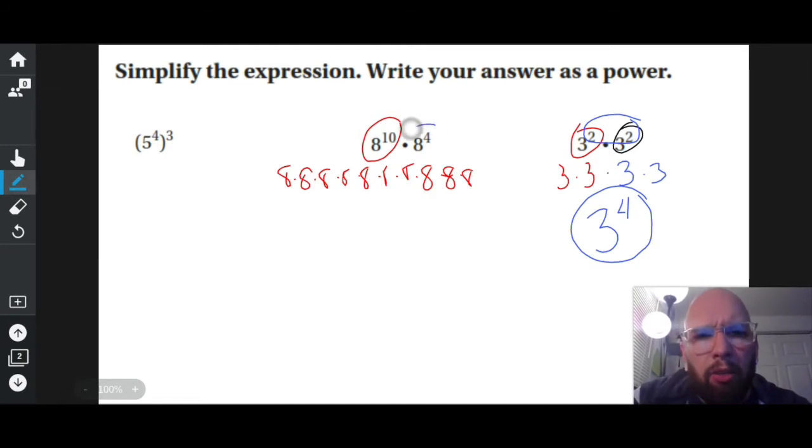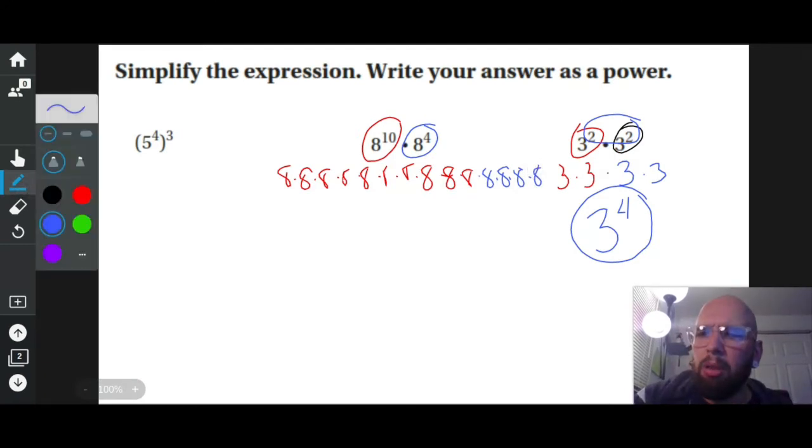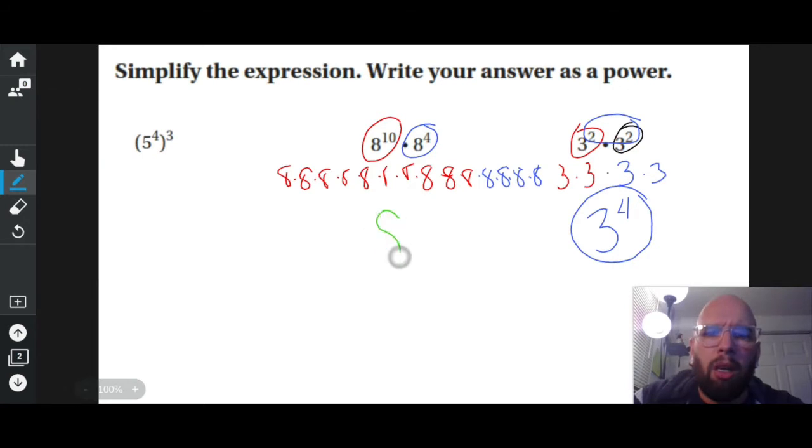That one has 4 eighths, so times 8 times 8 times 8 times 8. Let's count them up: 1 through 14. Okay, so 8 to the 14th.